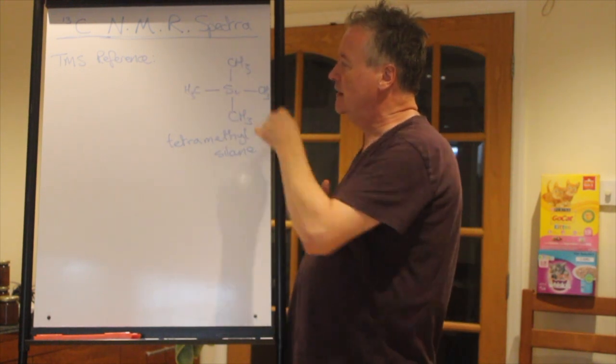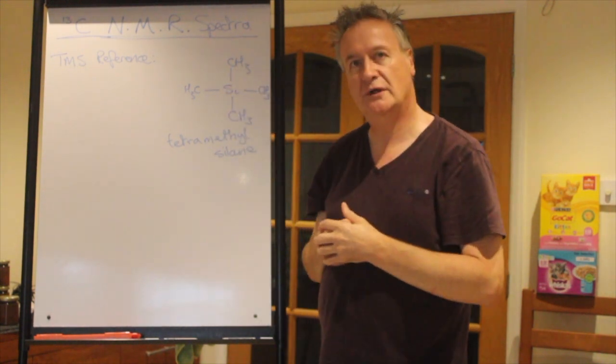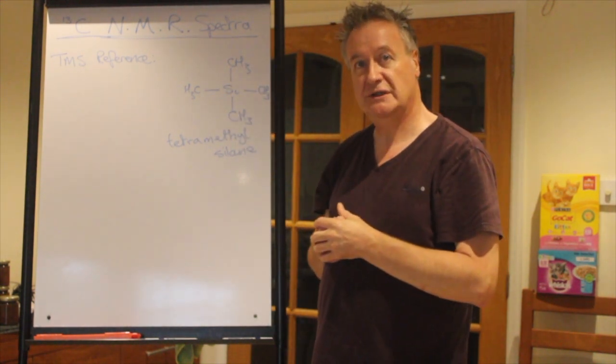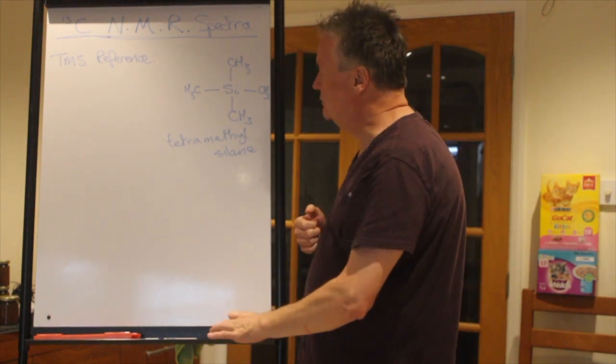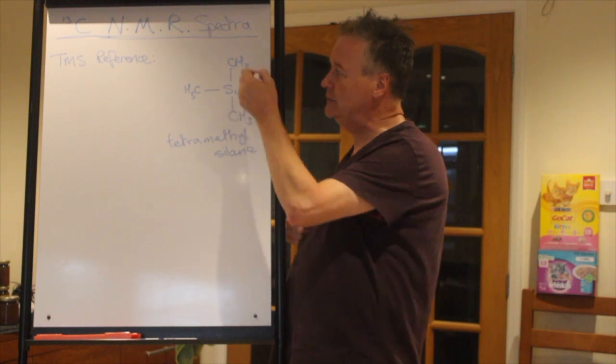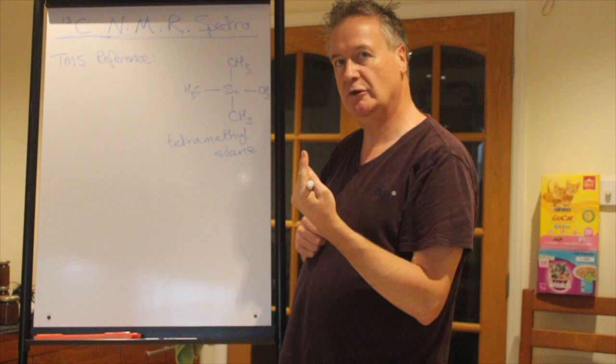So it has 4 identical carbons, but of course if you're using it for proton NMR it has 12 identical hydrogens, which again is a useful reference point. And those are fixed, whether you're doing carbon-13 or proton, they are fixed as the 0 point.